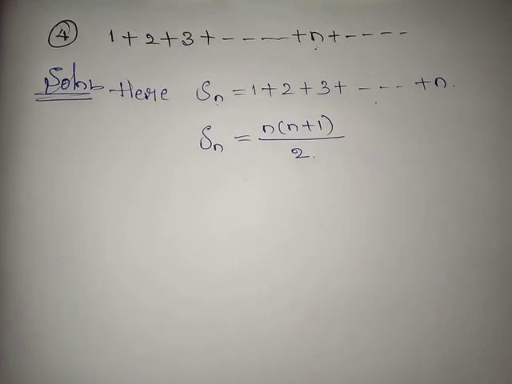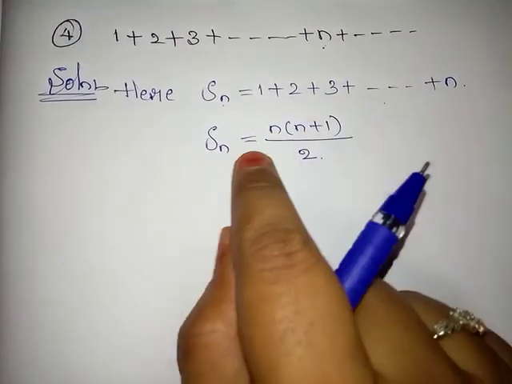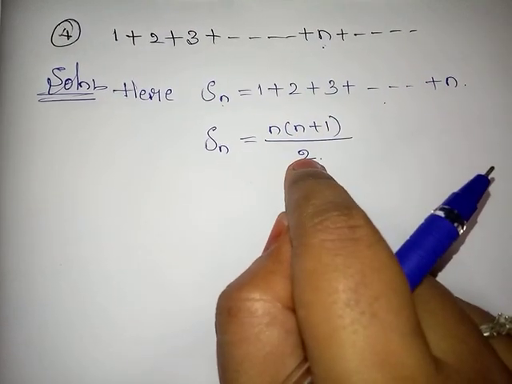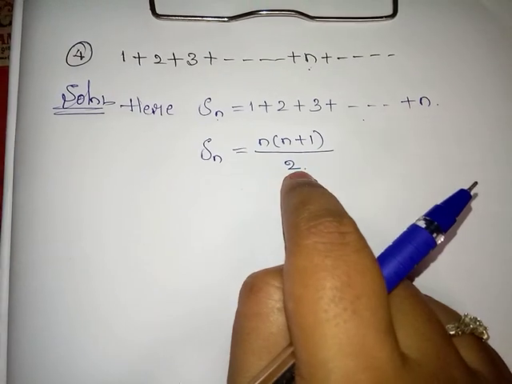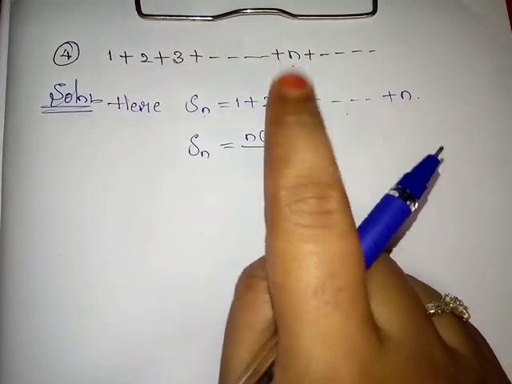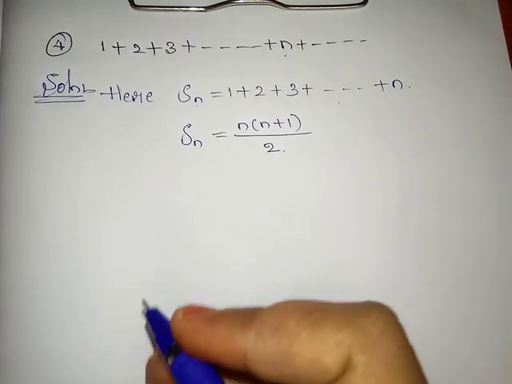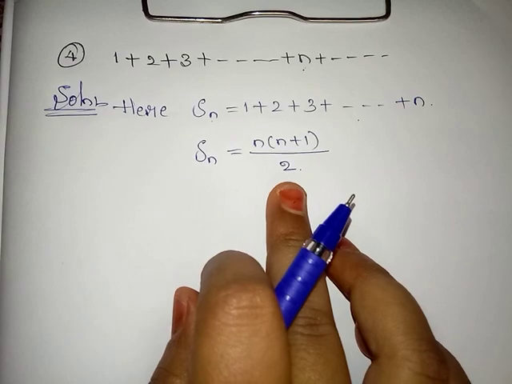We know that sum of first n terms of this series is n into n plus 1 divided by 2. This is a standard result. You have solved this example in arithmetic progression chapter, in 10th standard only. I am taking it directly here.